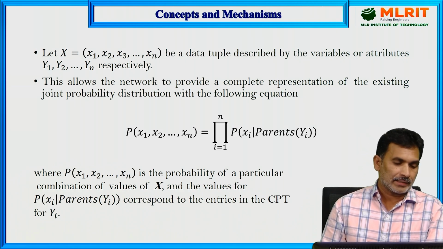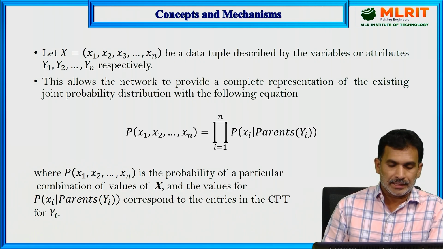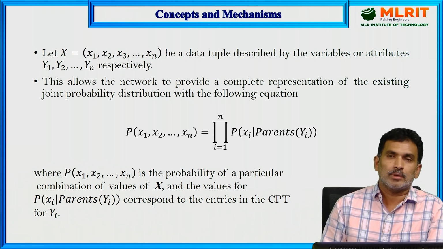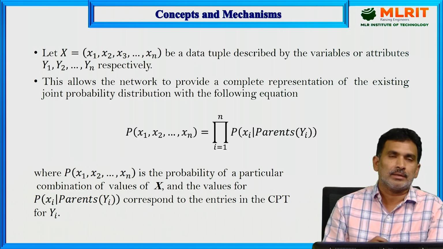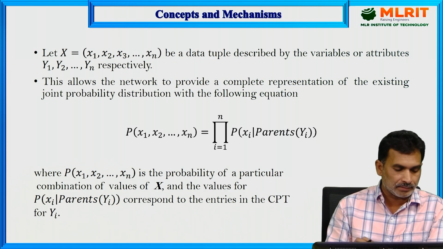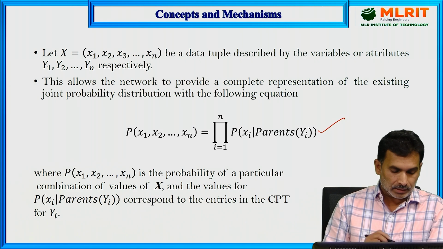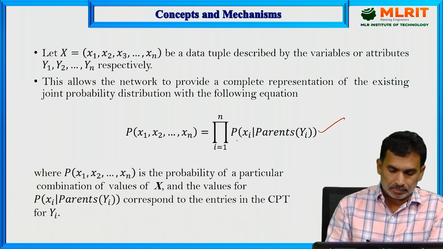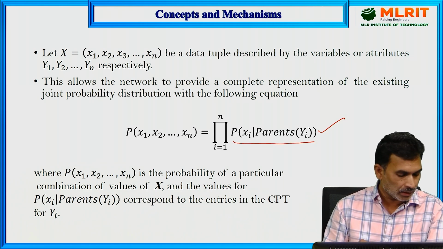So let X equal to x1, x2 and so on xn be a data tuple that is described by variables or attributes y1, y2 and so on yn respectively. This allows the network to provide a complete representation of existing joint probability distributions with this equation: probability of x1, x2 and so on xn equals the product of the probability of xi given parents of yi, where i equals 1 to n.